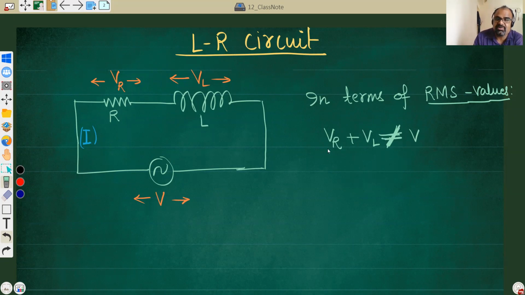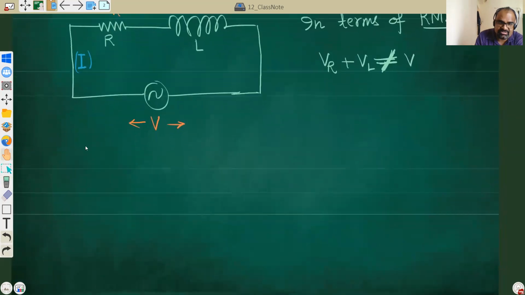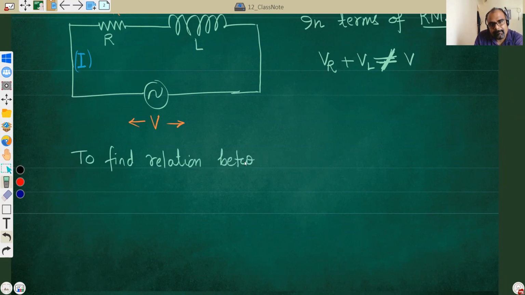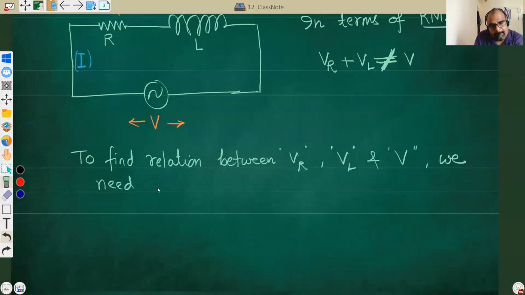So to find the relation between VR, VL and V, that means the voltage across the resistor, the voltage across the inductor, and the source voltage, we need to take help of a phasor diagram.